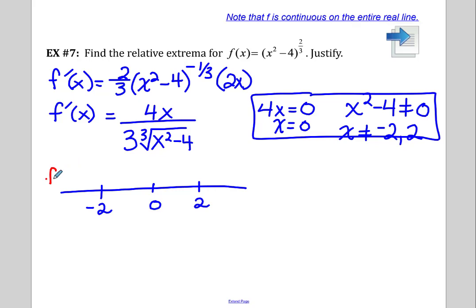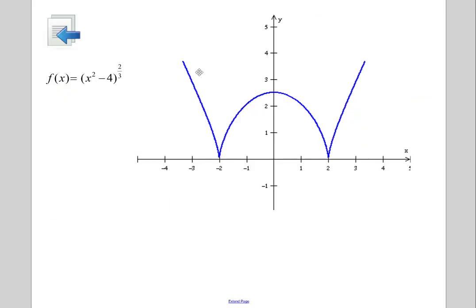The function, the derivative, and the function behavior, just to save time, I know this does not exist, this is 0, this does not exist. I'm going to tell you that we can tell by looking at the graph, negative, positive, negative, positive. Instead of substituting numbers, I'm thinking about what I saw in the graph.